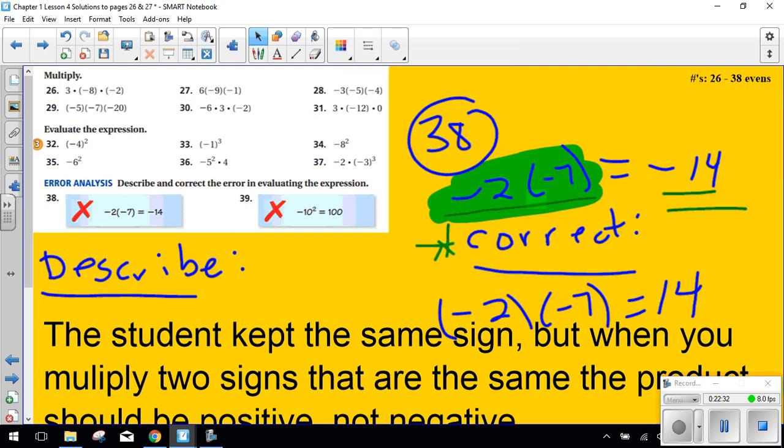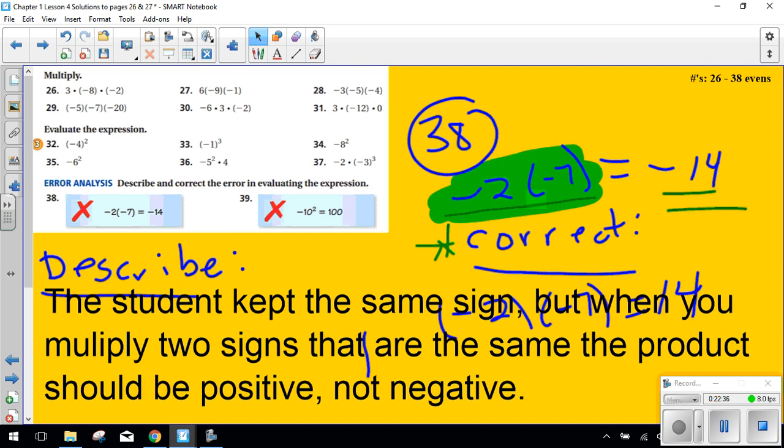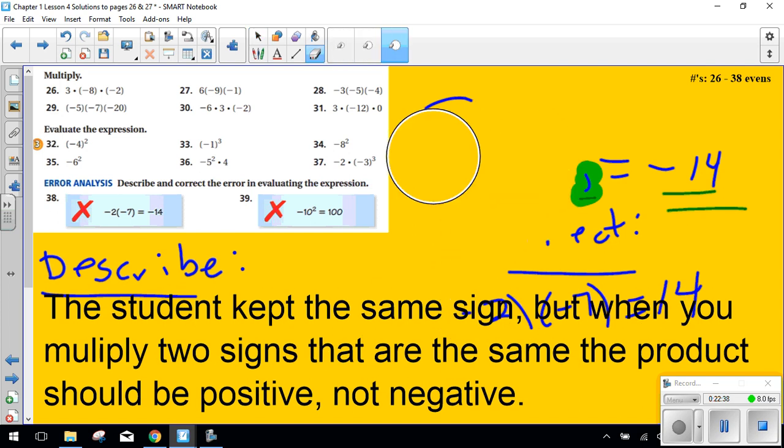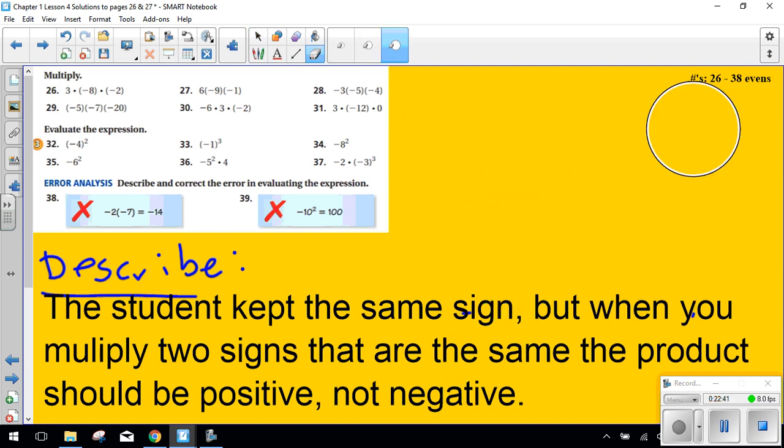I'm going to move this up for you. There you go. So that's the describe part. Okay, if you need to pause, go right ahead and do so. We're going to move forward.